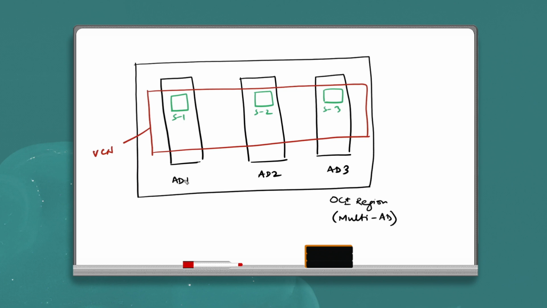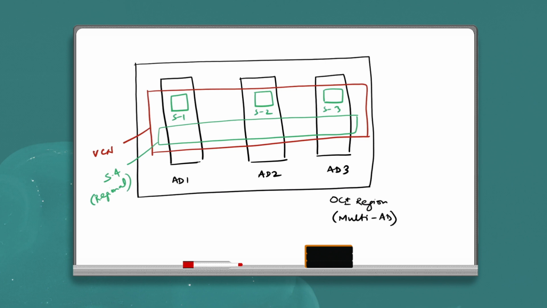That means it spans across multiple availability domains. So we can also create a subnet like this. So this is your subnet 4. Subnet 1, subnet 2, and subnet 3 are AD specific subnets, and subnet 4 is a regional subnet. Now there is a reason why I am explaining this.